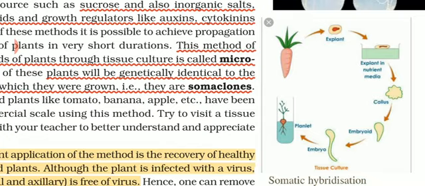It can grow. Growth means dividing, because these are only a few cells, right? When those cells grow, that is called callus. When that callus grows, it is called an embryoid. Embryoid turns into embryo, and embryo turns into plantlet.